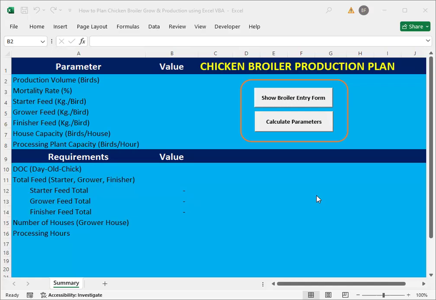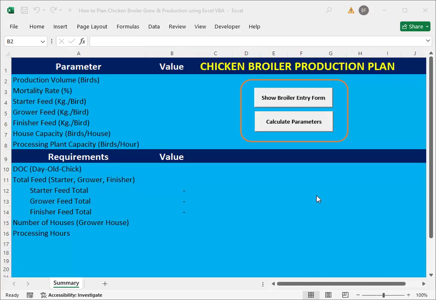Also, we need to find out another parameter, which is the house capacity. How many birds are going to fit in one house? Okay, and how many houses are we going to need for the targeted production volume set by the owner of the company or the businessman.